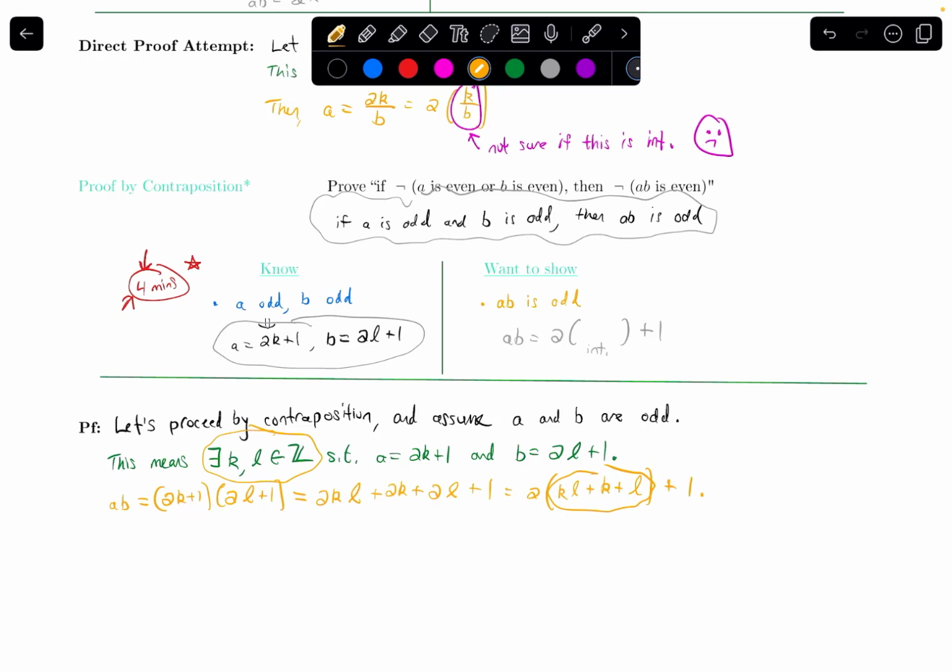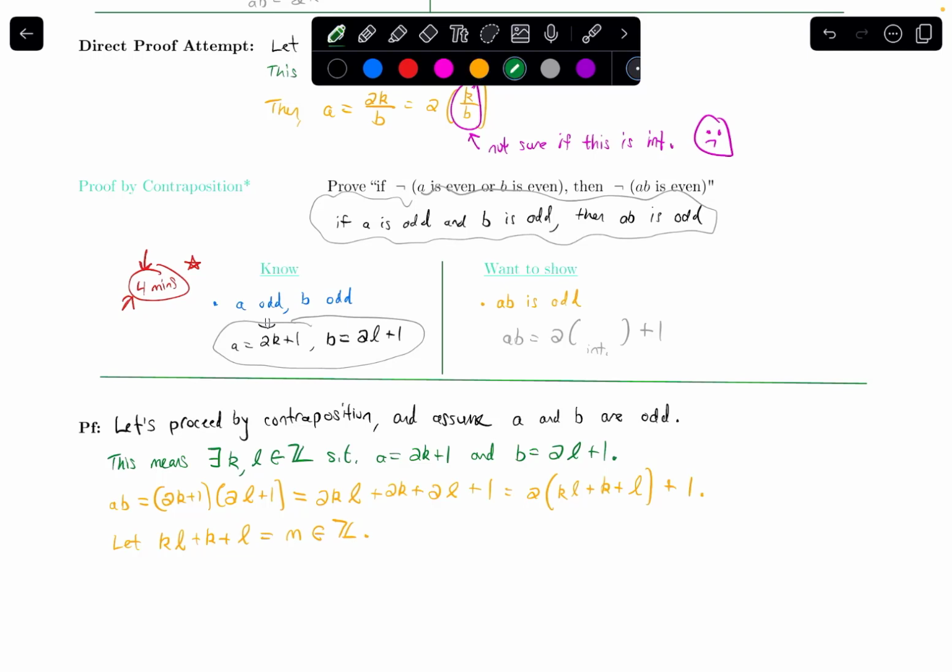And if you multiply and add integers together, that's an integer. So I'm going to assign a new variable to represent this whole thing in the parentheses. So I'm going to let KL plus K plus L be equal to, maybe I'll call that M. And that is an integer.